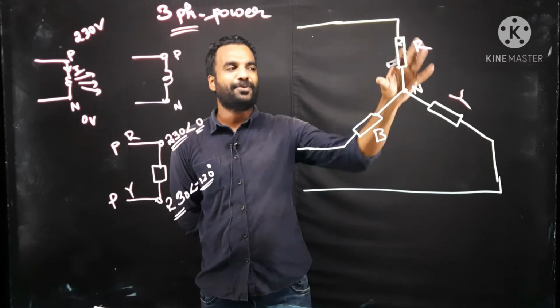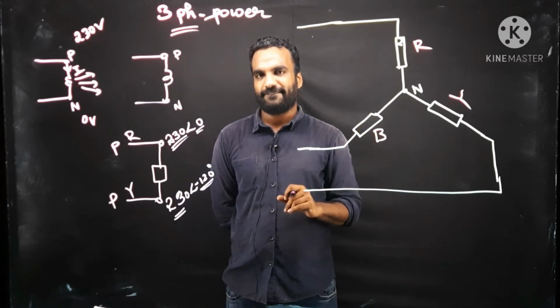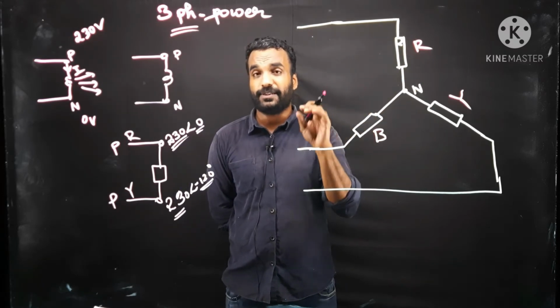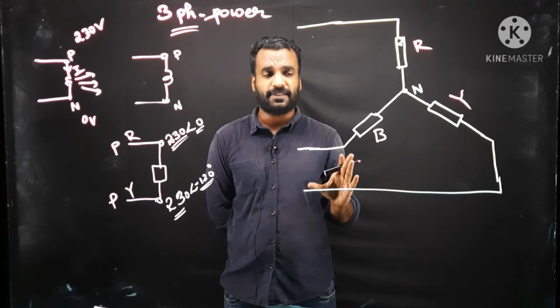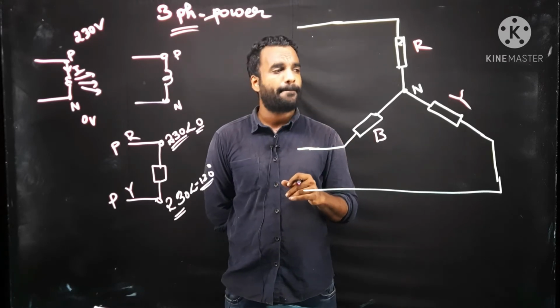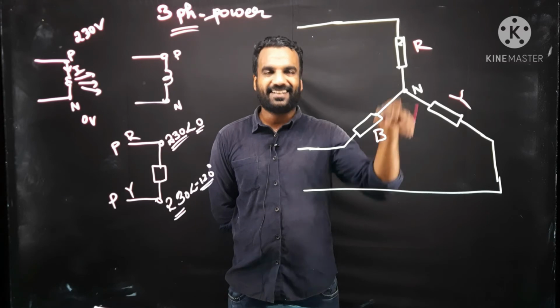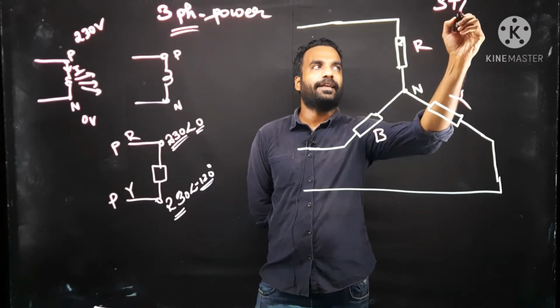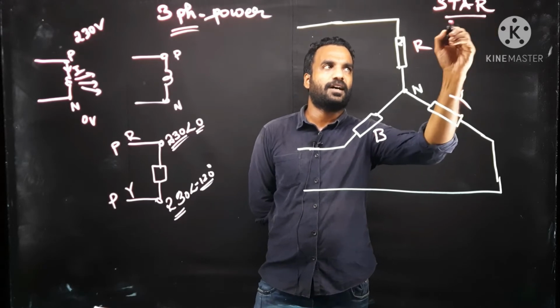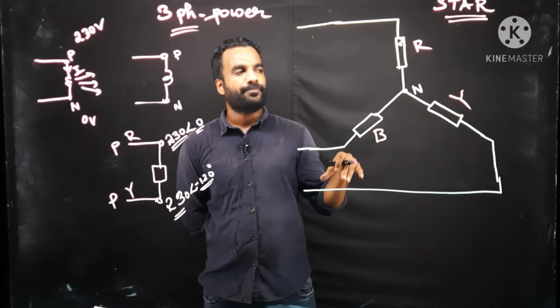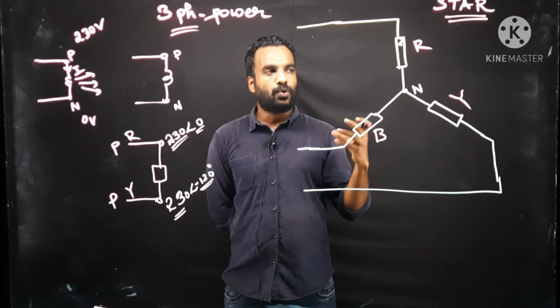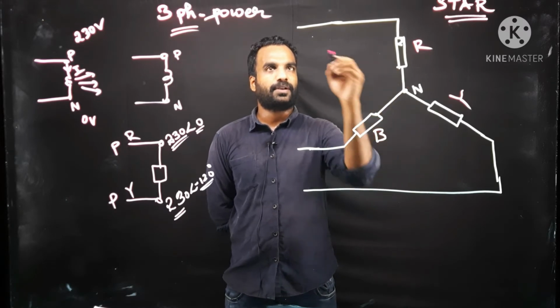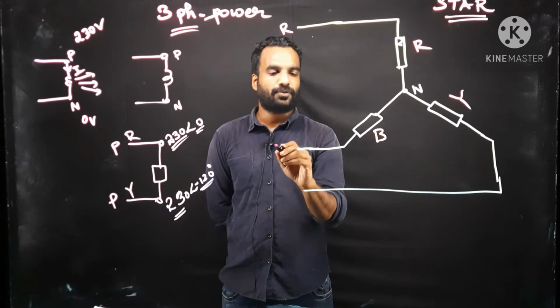So you are splitting your load into three phases. That is the practical case that you can see in your home if your home is a three phase supplied home. But this connection is having a name. The name of this connection is star connection, RYB. Your load is split into three parts and you are giving separate connection for these three.